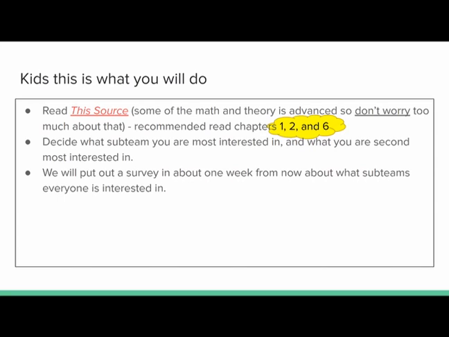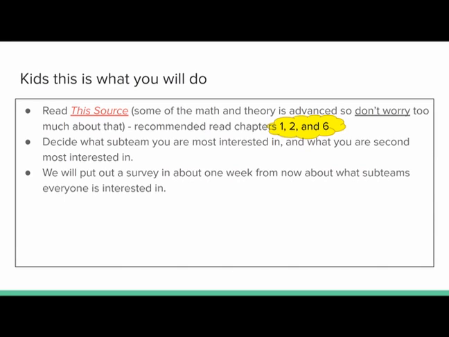That survey will come out in about 1 week. We'll put it out and then you can fill it out. The reason we're doing it in a week is to give everyone some time to read on their own and figure out what this stuff is. The reason I have you read the source before deciding what subteam you want is that it's good to know a little bit about every subteam.